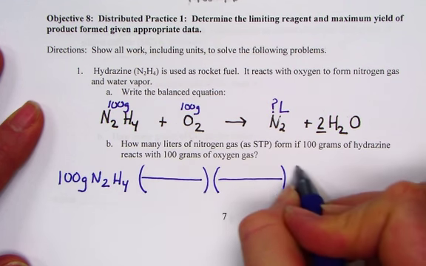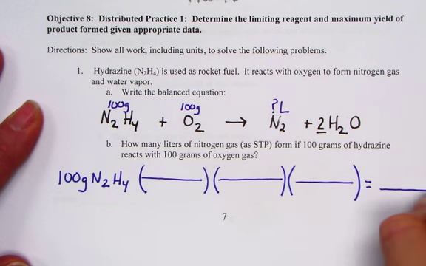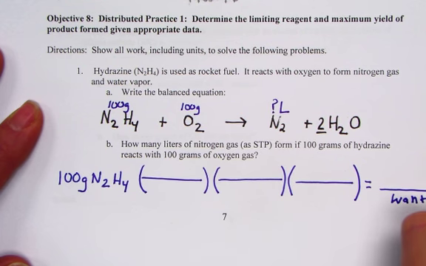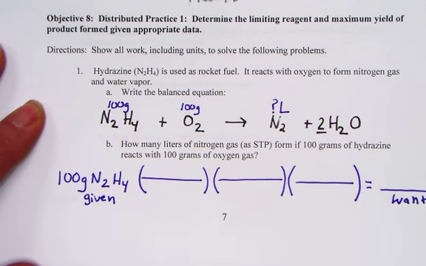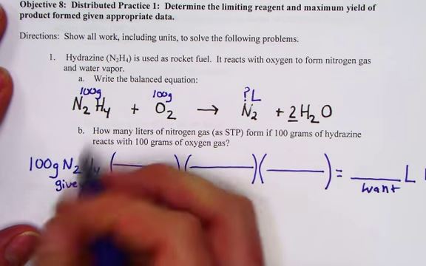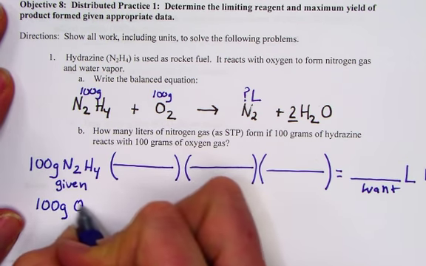The 3 steps of stoichiometry, divide, ratio, multiply, where our target is liters of N2. We want the liter of N2 given the mass of our first reactant. We also want to start with the oxygen.